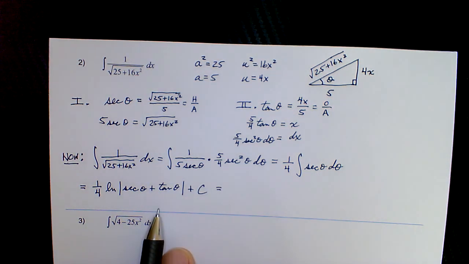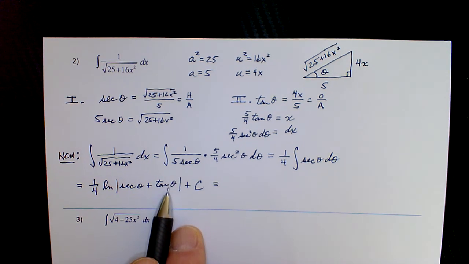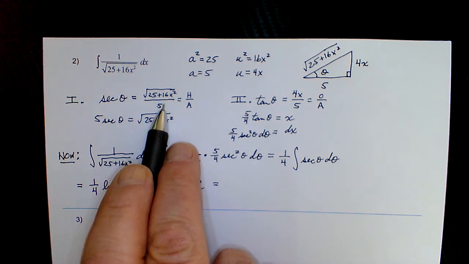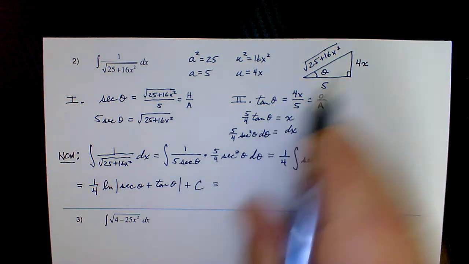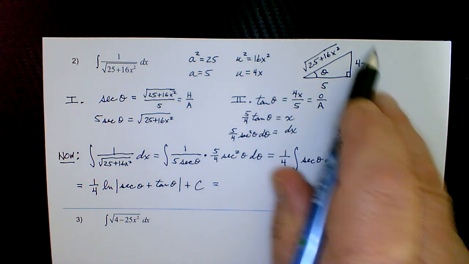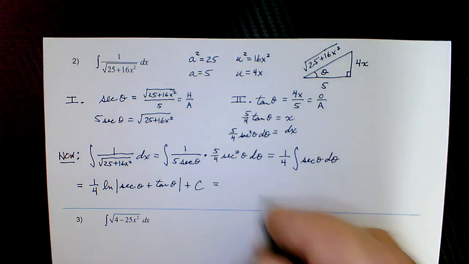But then you have to go back and you have to express this final answer in algebraic form. So put back secant theta and tangent theta in terms of their algebraic equivalents, which are actually in Roman numeral steps 1 and 2, but if they weren't there, you could certainly go back to the triangle, because in the triangle you could define any trig function.